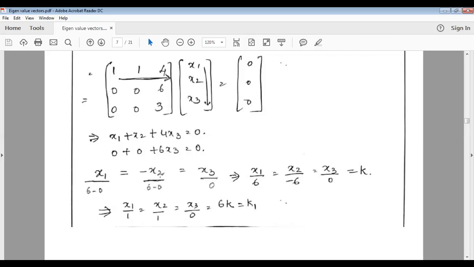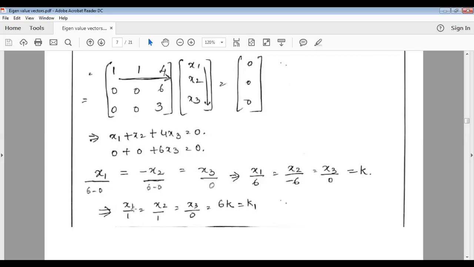When it comes to x3, I write x3, I leave this 6 here, I have 0 minus 0, so I've written 0. So now the equation that turns out is x1 by 6 equal to x2 by minus 6 equal to x3 by 0, and I call it some k.